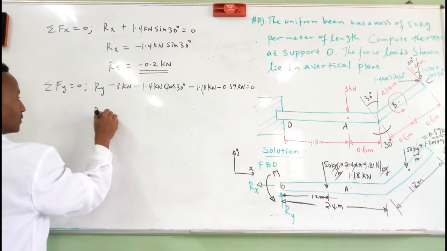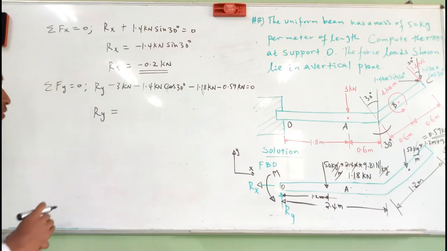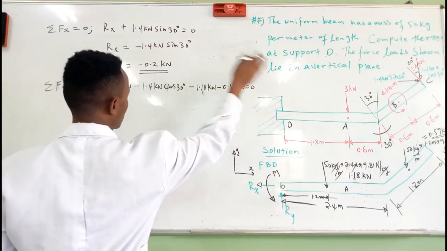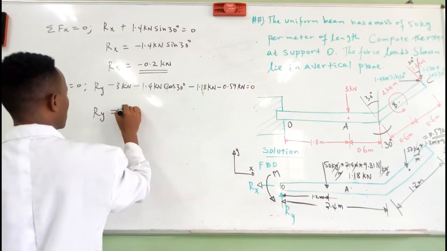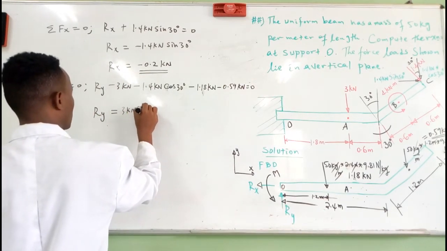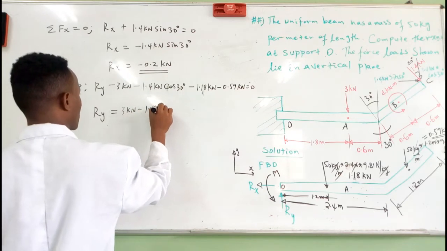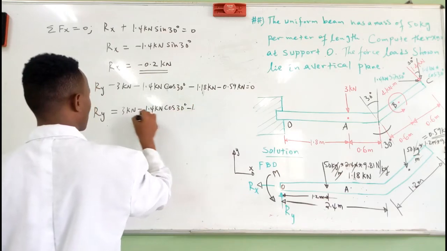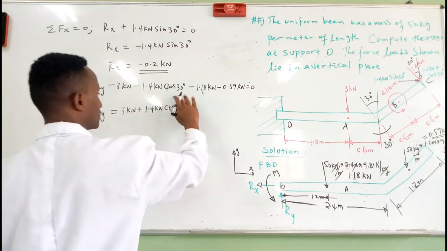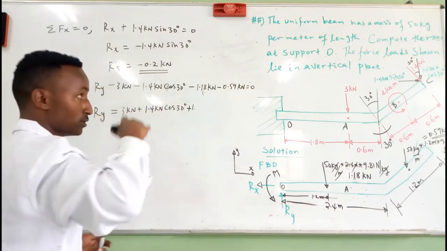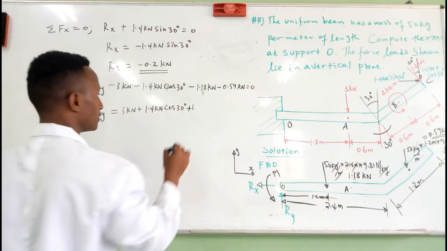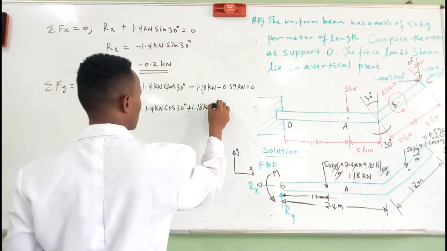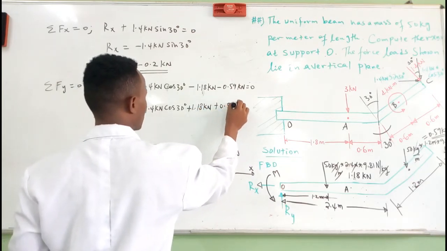Ry becomes, shifting this one to the 0 part, 3 kilonewton minus 1.4 kilonewton cos 30 degrees. Plus, when it is shifted to the 0 part it becomes positive, 1.18 kilonewton plus 0.59 kilonewton.